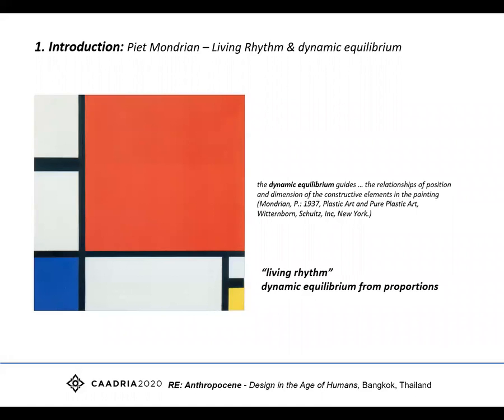His painting is known to be the artifact of delivering living rhythm, which is the essence of dynamic equilibrium created from proportions. In his Plastic Art and Pure Plastic Art, Mondrian explains that the development of the dynamic equilibrium guides the development of the laws that consist of the relationship of position and dimension of the constructive elements in the painting.